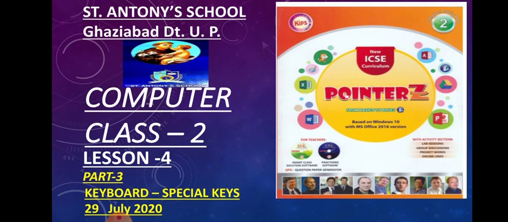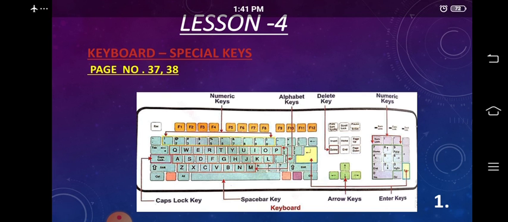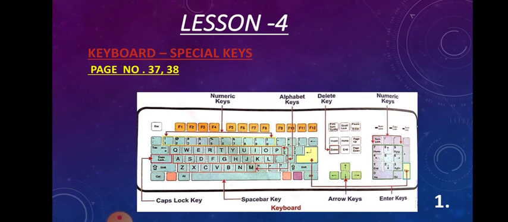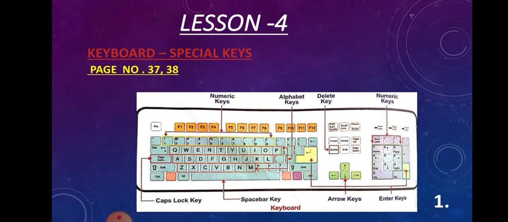Dear children, we were studying about keyboards and its special keys. So, today in this chapter, we have already done the alphabet key, number key, the special keys that have special symbols, and spacebar key.